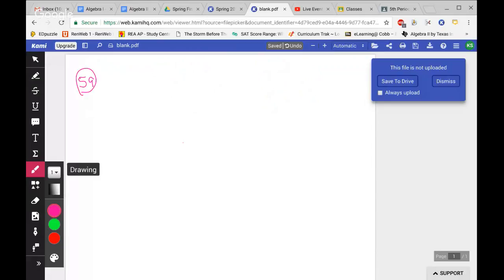Number 59 is 3n squared plus 2 equals negative 5n. In order to get this in standard form, I need to move this 5n over. So I have to do the opposite of what it is, which is saying minus 5n, so I want to add 5n to both sides.